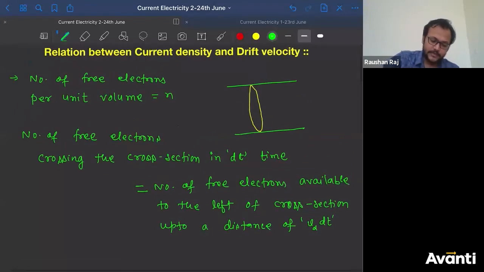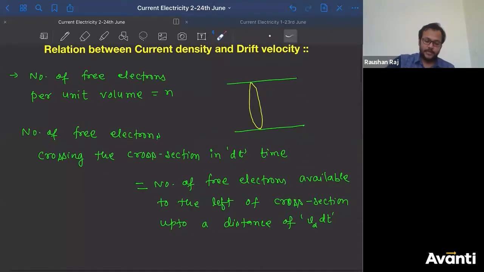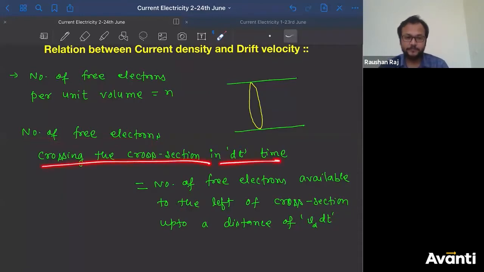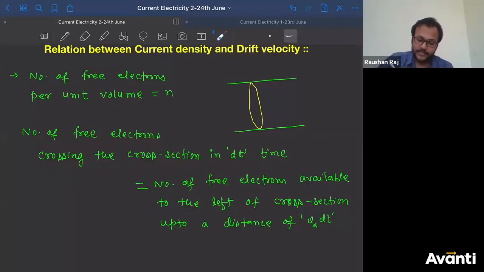Can I say that? Look at the question again. Number of free electrons crossing the cross section in dt time. I can say this will be equal to the number of free electrons that will be available to the left of the cross section, up to a distance of Vd into t.